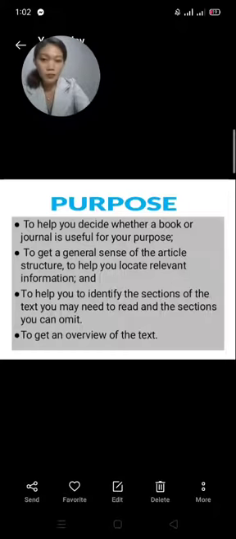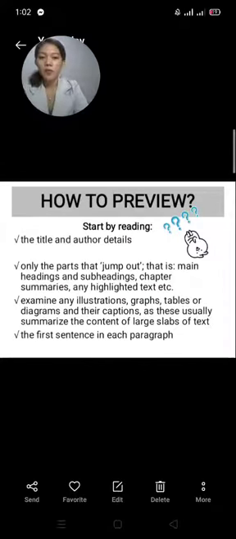And how will you do the previewing of the text? First, the title and the author details. Then only the parts that jump out, that is main headings and subheadings, chapter summaries, any highlighted text, etc. By reading the title, heading, and subheading, you may already know what the book talks about or the genre of that book, right?